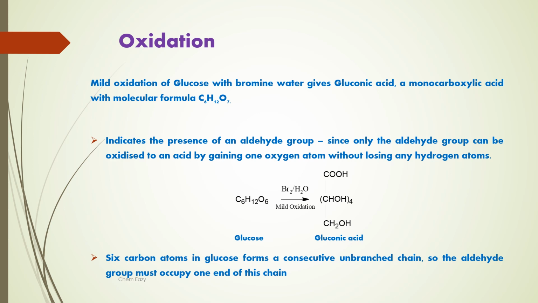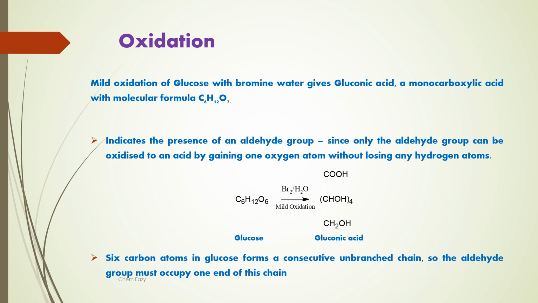When glucose is subjected to mild oxidation with bromine water, it gives gluconic acid, which is a monocarboxylic acid with the molecular formula C6H12O7. The formation of gluconic acid indicates the presence of an aldehyde group, because only an aldehyde group can be oxidized to an acid by gaining one oxygen atom without losing any hydrogen atoms.